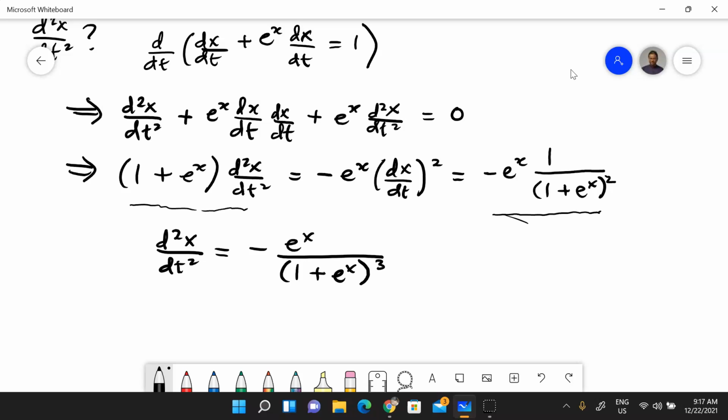Now if we want to go to even higher order, then one really has to take the derivative of this equation. So it gets complicated after a while, but the essential idea is that one can use this implicit differentiation to get the derivatives.